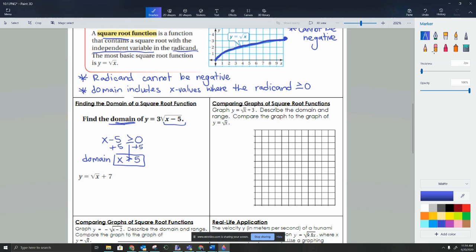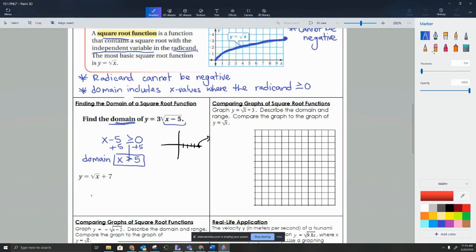If we were to graph this, we would see something like this, where this line starts at 5 and then horseshoes up like that. It's not going to include any other x values because the radicand cannot be negative. Now, on an example like this next one, where the plus 7 is outside of the radicand, we don't include that.